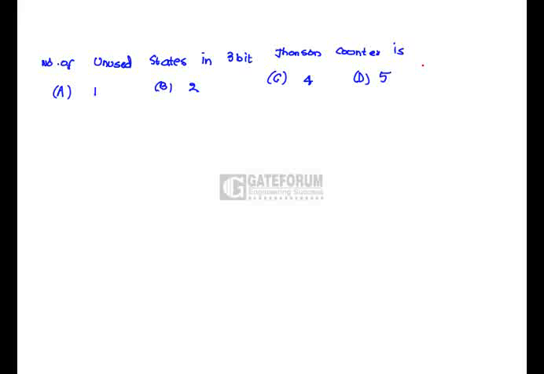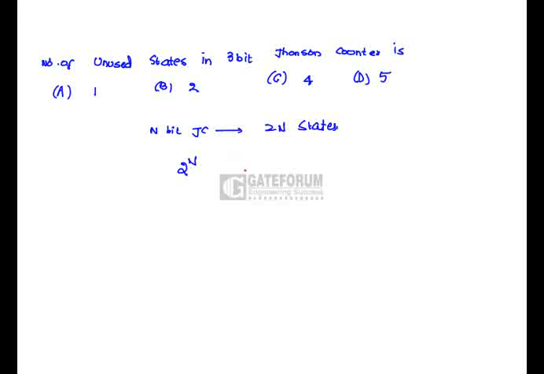Unused states in a 3-bit Johnson counter: in case of an n-bit Johnson counter, there are 2n states used, but the number of states possible is 2 power n.